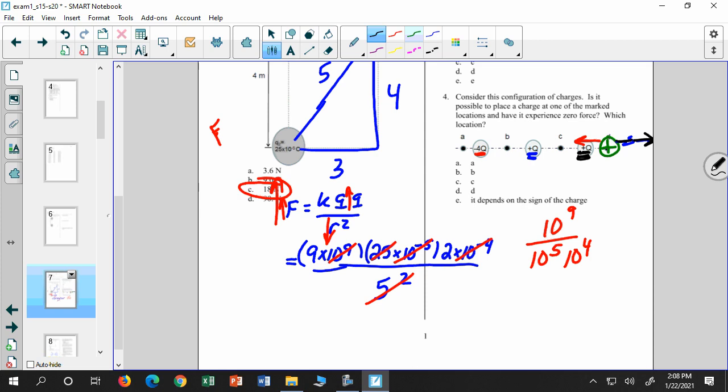You sort of have these two competing ideas. So it seems like that would work, because the force due to the minus 4Q is minimized because it's far away, and then I have the forces due to these other charges that are small, but they're close, so that makes those forces bigger.